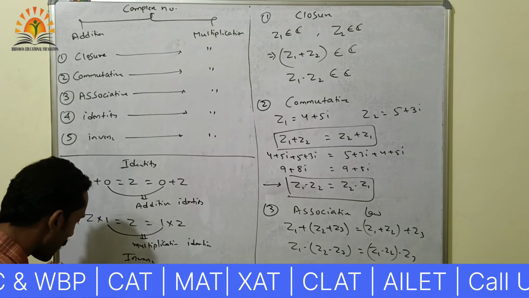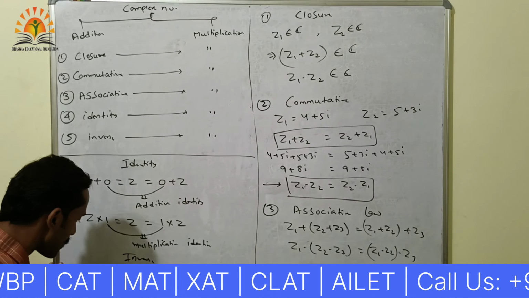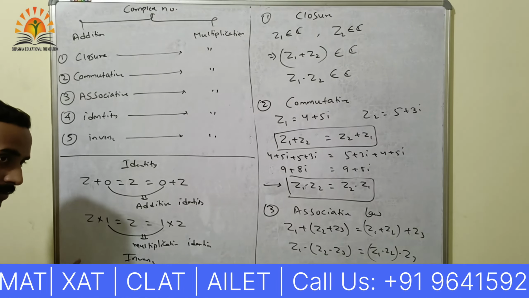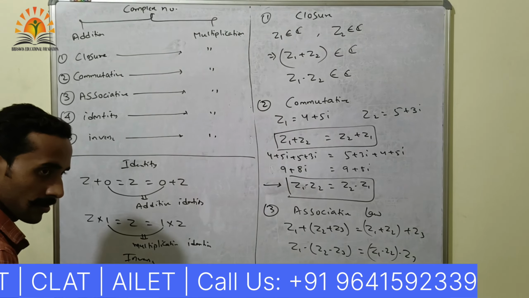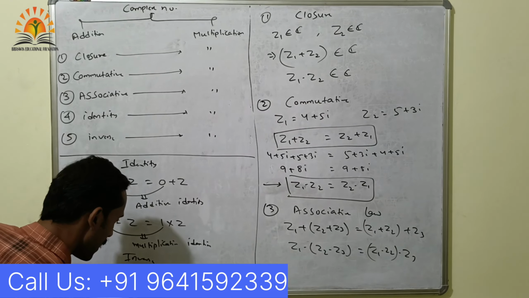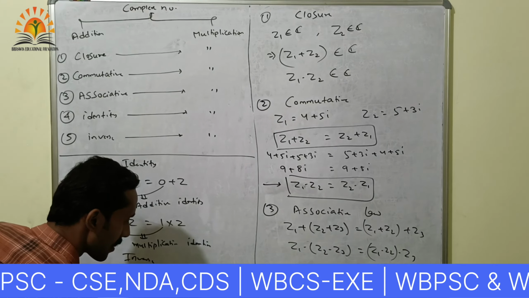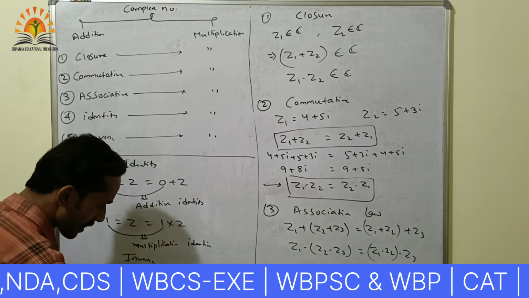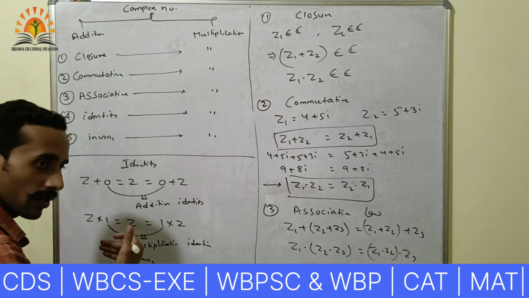Now about inverse. Z minus Z becomes 0. It is also written as Z plus minus Z. So if minus Z comes, then the whole value is 0.